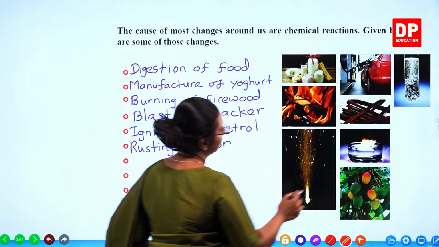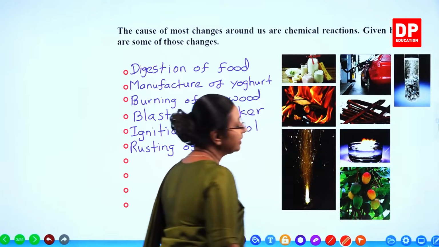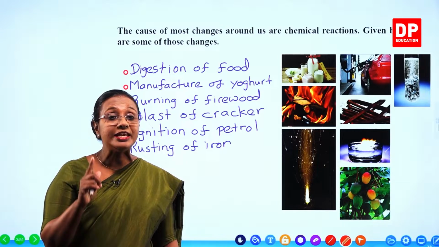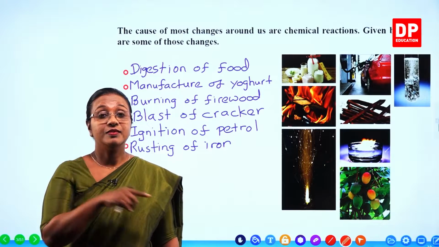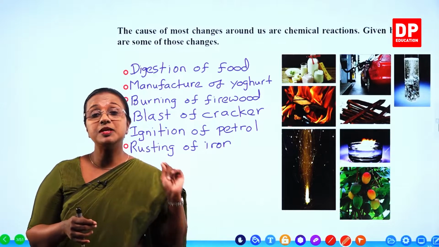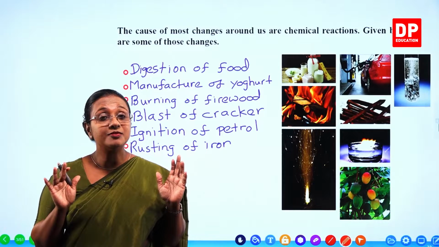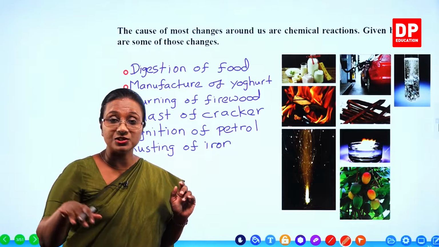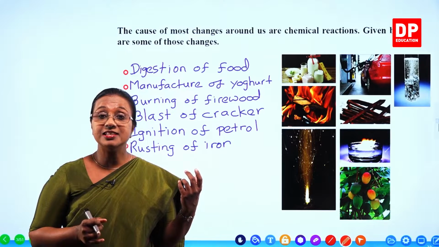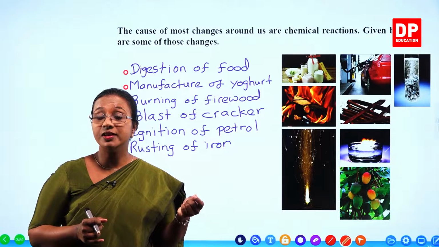Then what do we have? We have this one, something that we have seen in the lab. I have shown you all sodium reacting with water. We take a large trough of water, into that we put a tiny piece of sodium. Because it's a very violent reaction. You have seen the sodium darting on the surface of water. You would have heard the hissing sound because hydrogen is evolved, right?